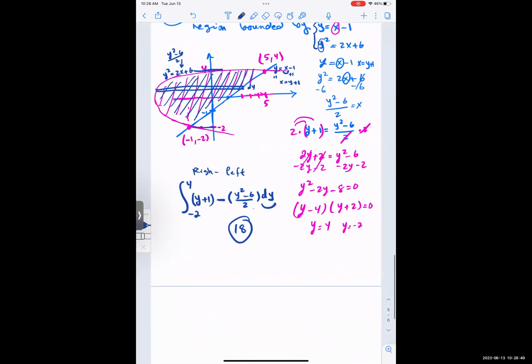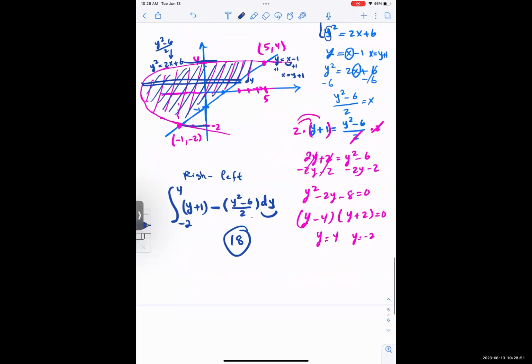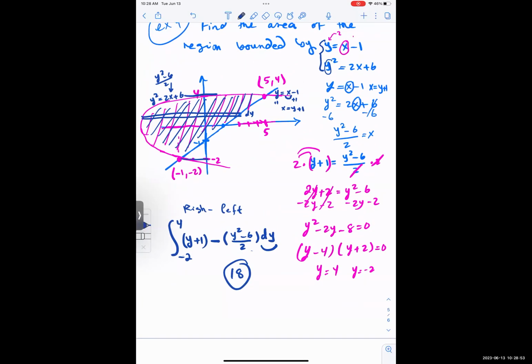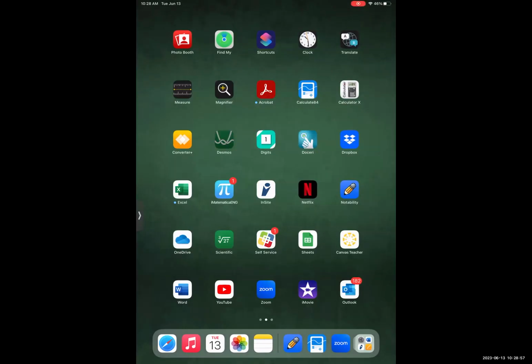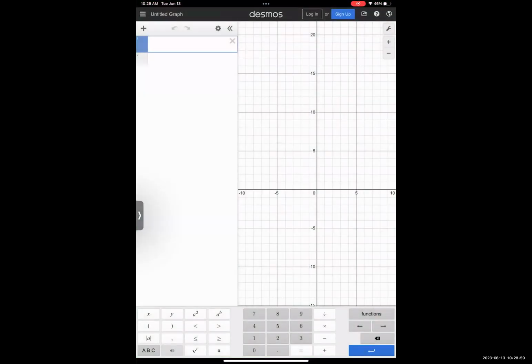When you are doing homework, feel free to also confirm your graphs using Desmos. So Desmos is a free app. For example, for the last one that we were graphing, you had y equal to x minus 1.